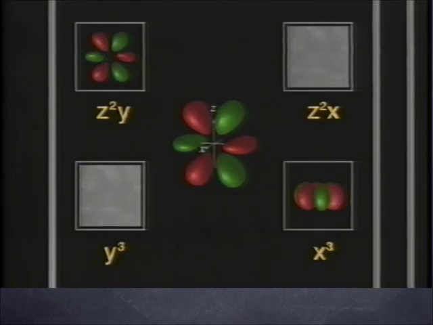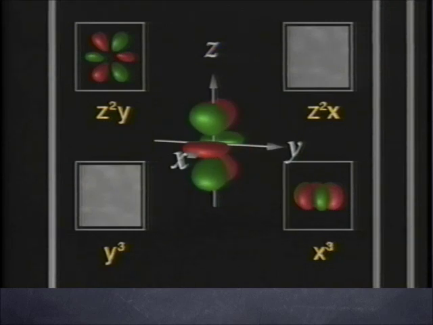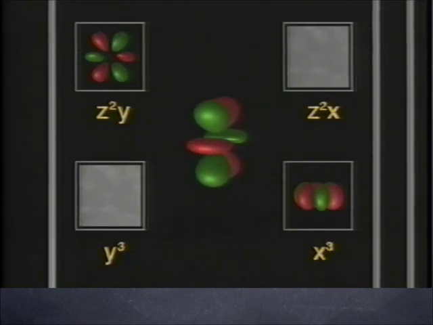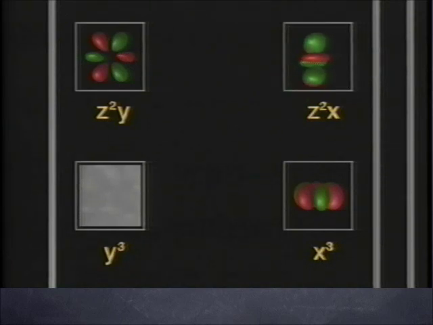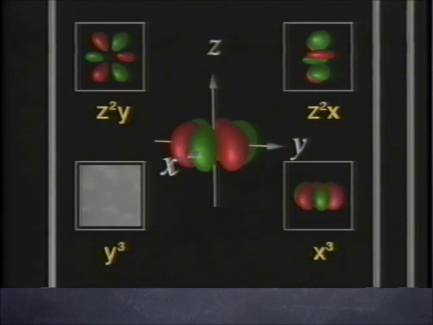The z squared y orbital is transformed into the z squared x orbital by a 90-degree rotation. The x cubed f orbital is related to the y cubed f orbital by a similar 90-degree rotation.